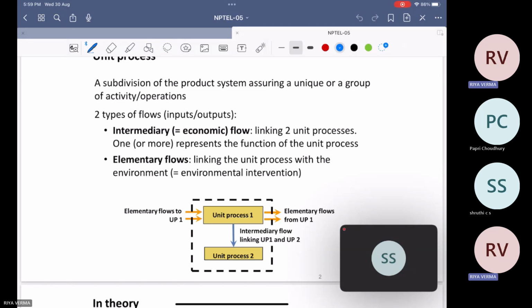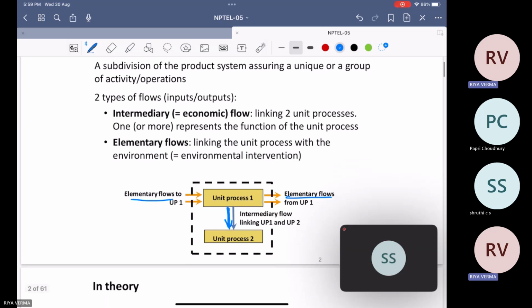The intermediary flow is used to link unit process 1 and unit process 2. And how these processes are related to the environment, that we understand with the help of elementary flows.